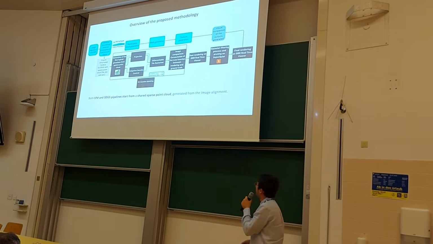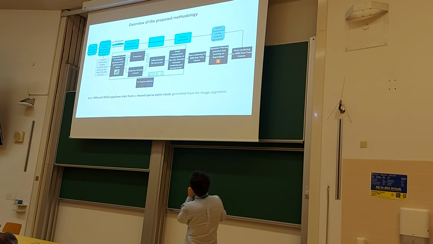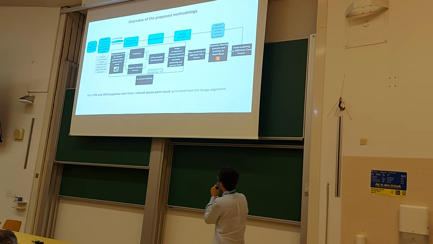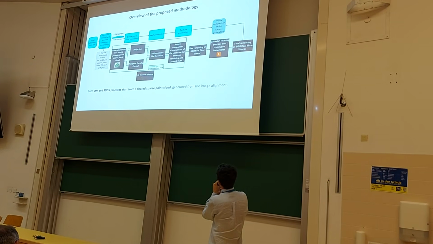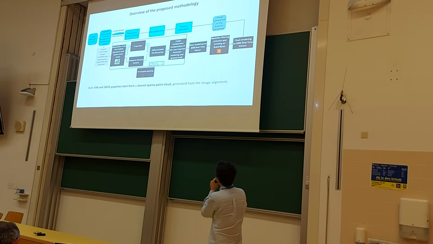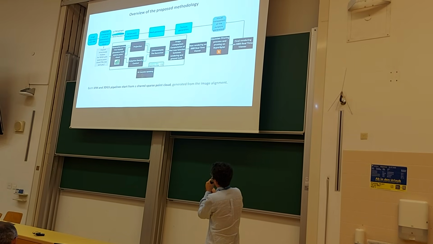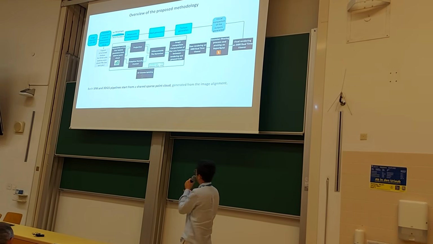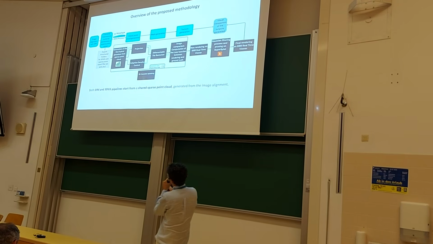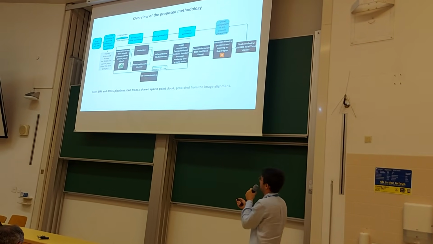Here we have the overview of the proposed methodology, and as you can see, we have in different colors the standard structure from motion pipeline over there, and here the methodology based on the use of Gaussian Splatting techniques. Both pipelines start from a shared sparse point cloud generated, as I said before, from the main alignment.